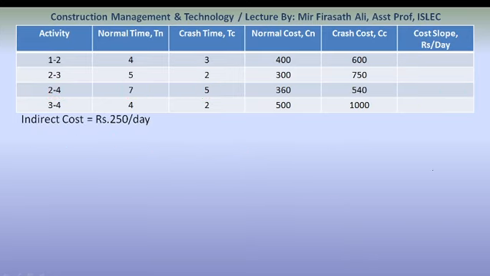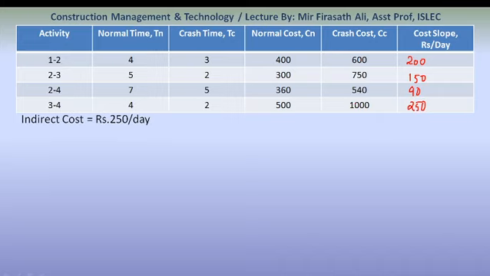First of all, we'll write once again the cost slopes. What are the cost slopes given to us? On calculating you'll get 200, the next is 150, the next is 90 and we have 250. What was our logical diagram for this?